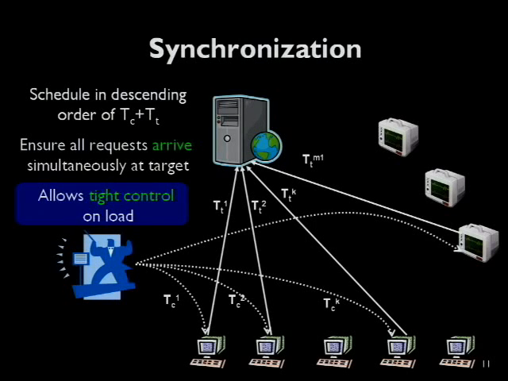But the thing is that the synchronization we achieve, the way we are able to schedule the requests, it's so tight that basically all our requests arrive in a bunch at the server. And the moment the server starts to process the first request, the others are right behind it. So we can be fairly confident that the load on the server is mostly because of our requests.